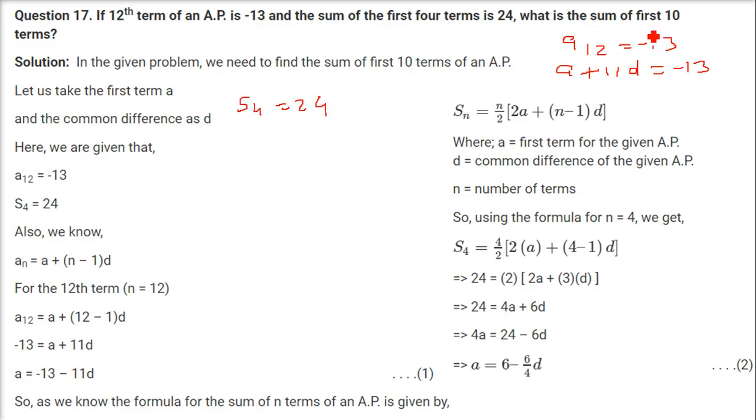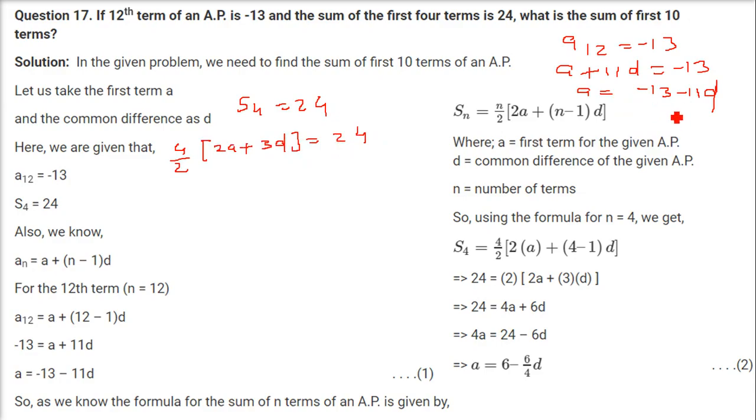Let us first find a relationship between A and D. A will be minus 13 minus 11D. S4 is N by 2, 4 by 2, into 2A plus N minus 1 into D: 2A plus 4 minus 1, that is 3D, is given as 24.